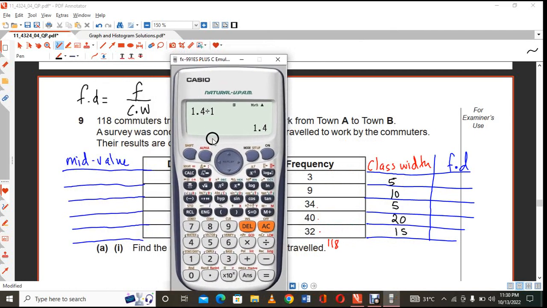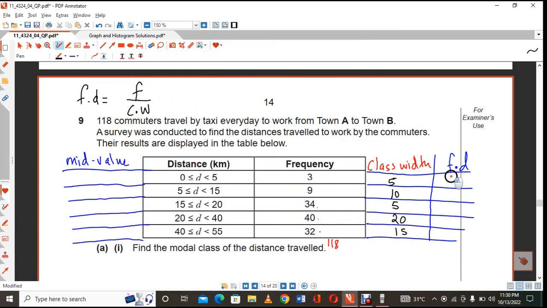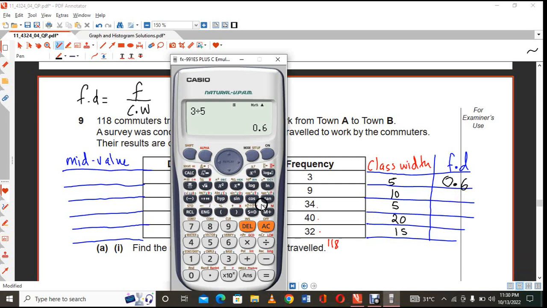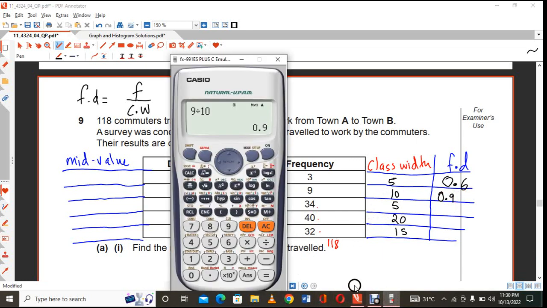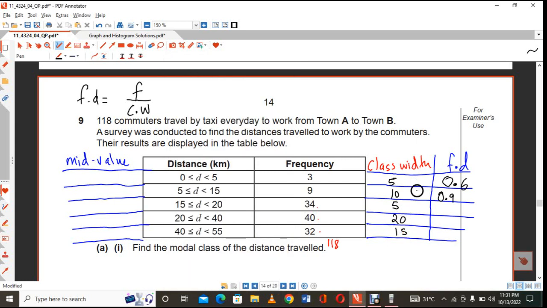For the first one, the frequency is 3 divided by the class width, which is 5. That gives me 0.6. The second one, we have 9 divided by 10, which is 0.9. The next one, the frequency of 34, we divide by 5, to get 6.8.